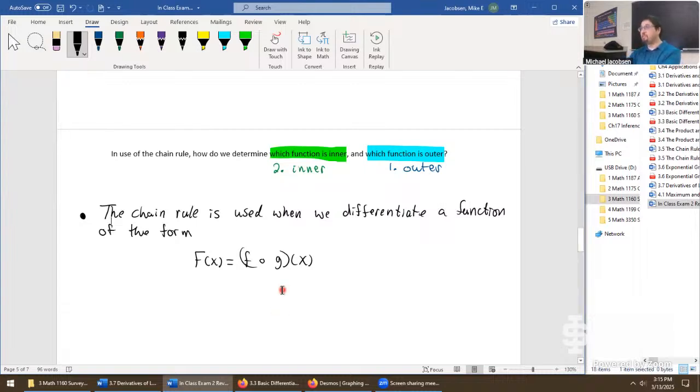So this is the specific case where the chain rule pops up. And what this is indicating right here is just ordinary function composition.